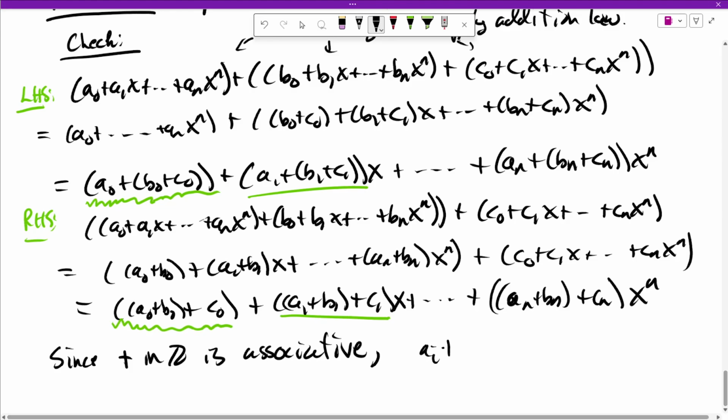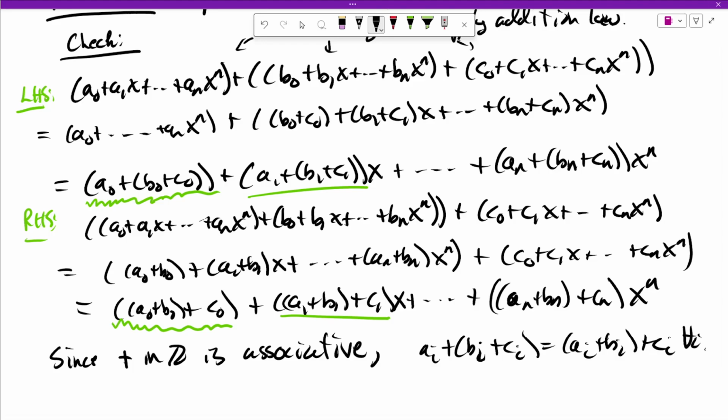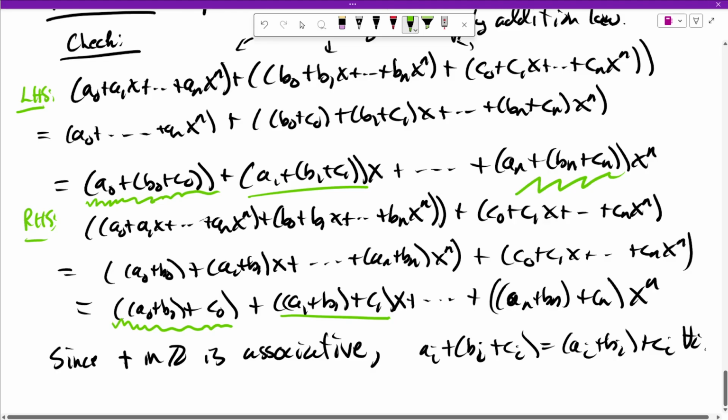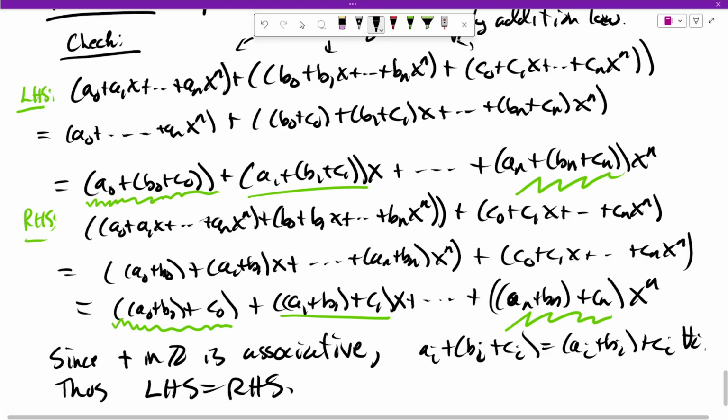We know that (ai plus bi) plus ci is ai plus (bi plus ci) for all i. Thus, each one of these coefficients of the corresponding x, they're all equal to each other. So this tells us that the left-hand side equals the right-hand side. Therefore, addition of polynomials is associative.